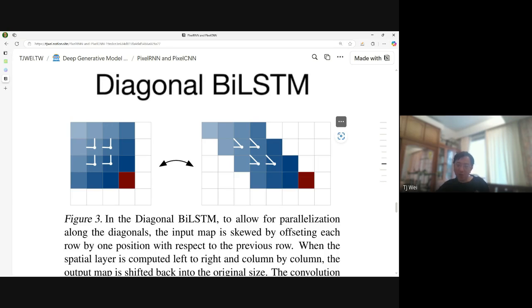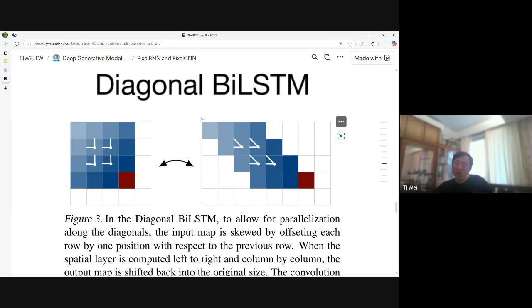So we actually do a simple trick to skew the images a little bit. What we do is something like this one. We skew the second row by shifting it 1 pixel right, and shift the third row 2 pixels right, and the next row 3 pixels right.